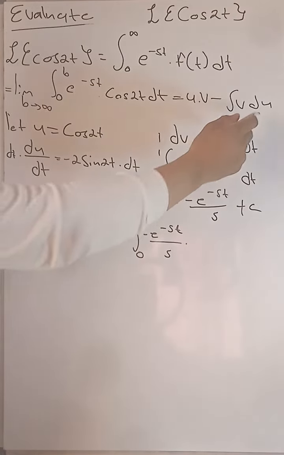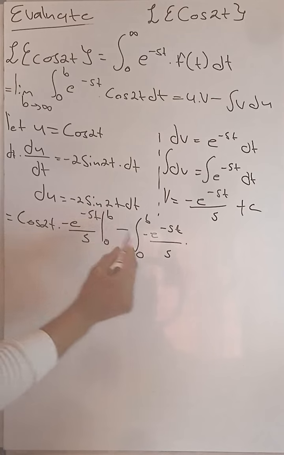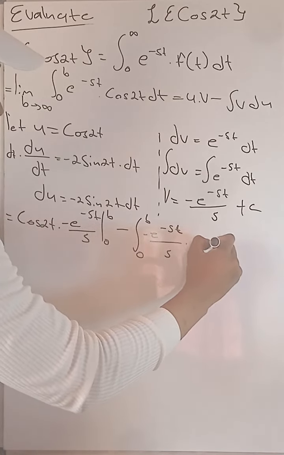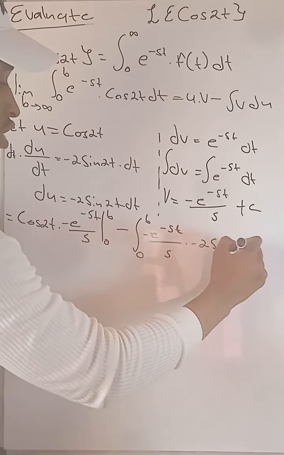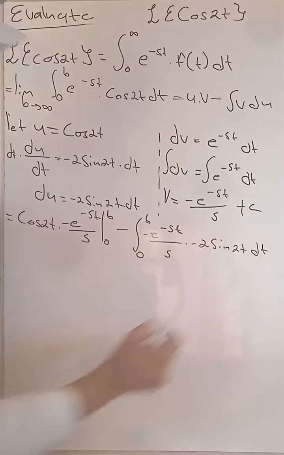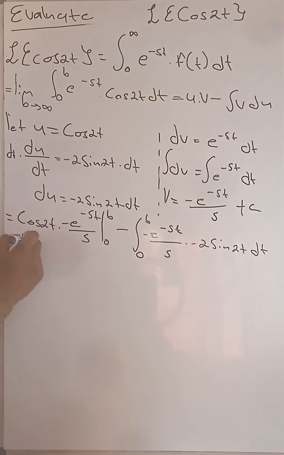But what is my du? My du, we found it here to be minus 2 sine 2t dt. That's what we have in there. So let us evaluate this part alone.